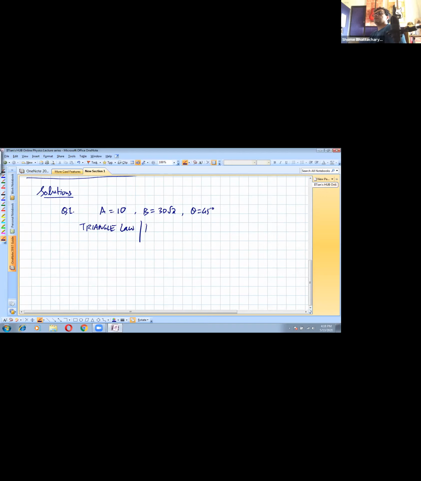Triangle law, parallelogram law, both have the same statement. That magnitude of A plus B is root of A square plus B square plus 2AB cos theta.